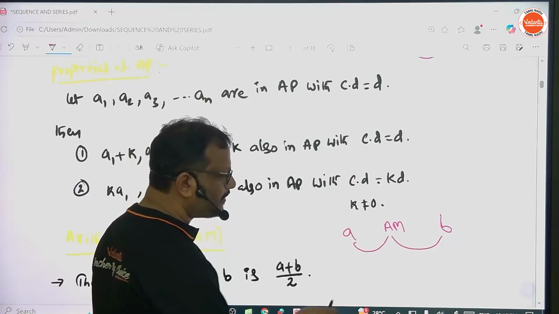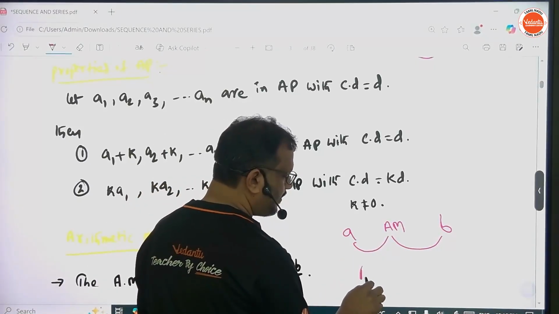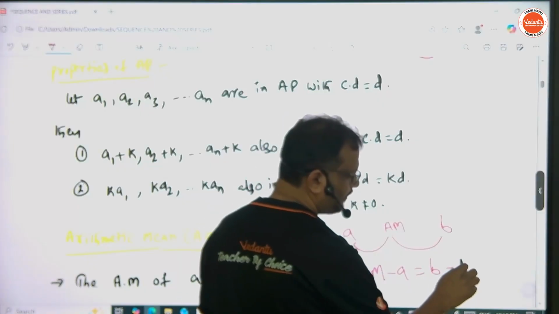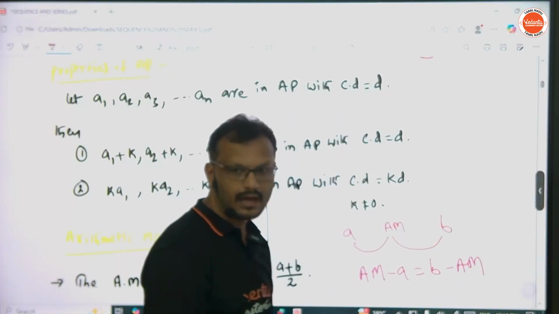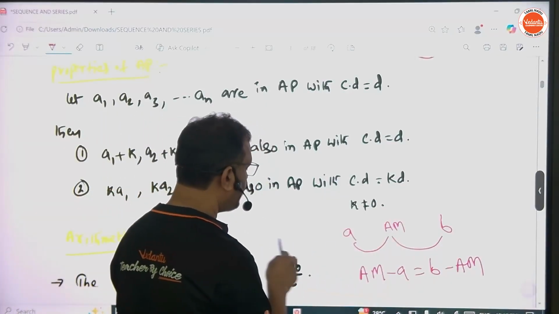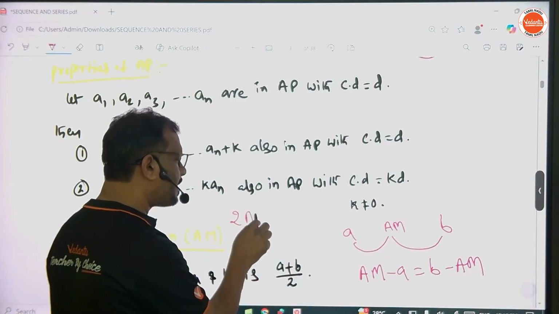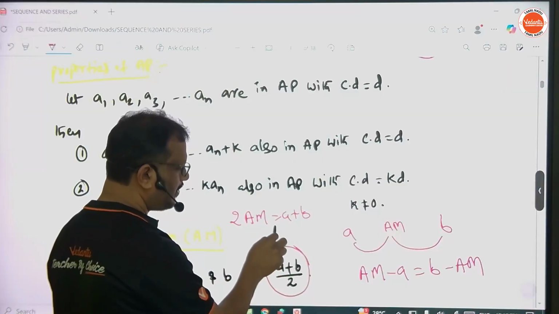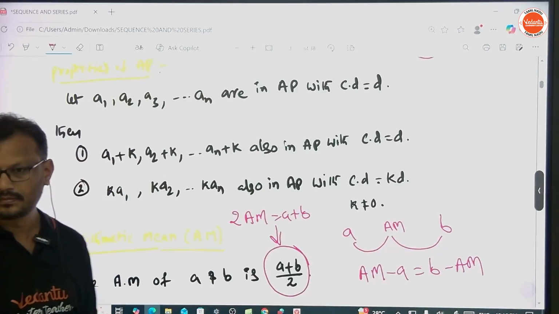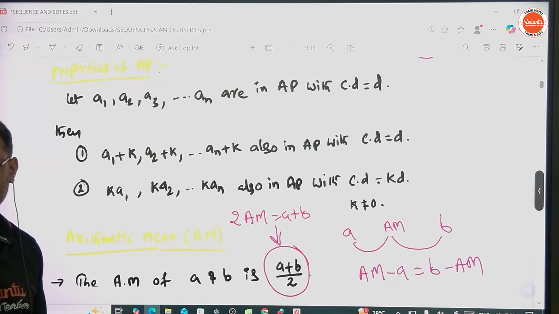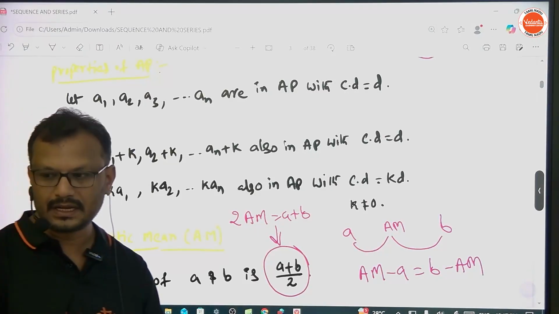Then AM minus A and B minus AM are the same according to the arithmetic progression rule. If it is the same, then 2 times AM equals A plus B. Therefore, AM equals A plus B by 2. So the arithmetic mean between any two numbers will be this. You can take it for three numbers also. That is called an average actually.